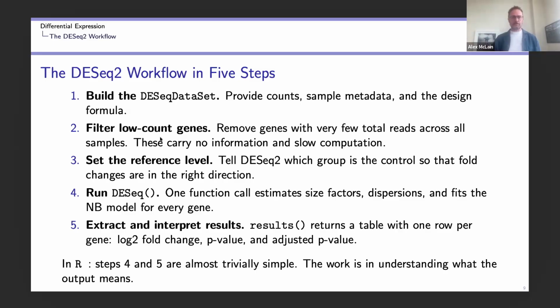Set the reference level, so tell DESeq2 which group is control so that fold changes are in the direction that we're expecting. Usually the fold changes have the treated in the numerator, untreated in the denominator. We run the DESeq function, one function call. It's going to estimate the size factors, estimate the dispersion, and correct the dispersions using that pooling process we talked about. It's going to give us p-values, adjusted p-values, and so on and so forth.